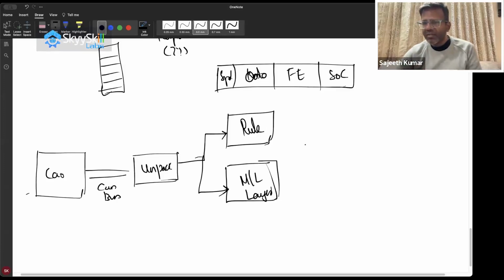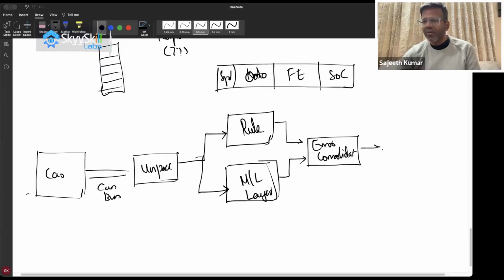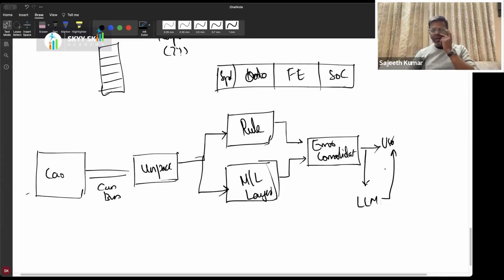Then there is what we can call an error consolidation, right? Both of these feed in here, and it can either be presented to the user, or it can go to a large language model, which can then present it back to the user. This is the kind of stack you would start seeing in all modern vehicles.